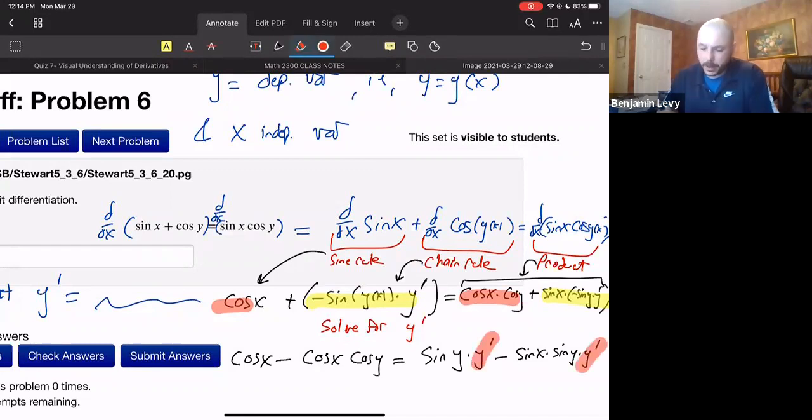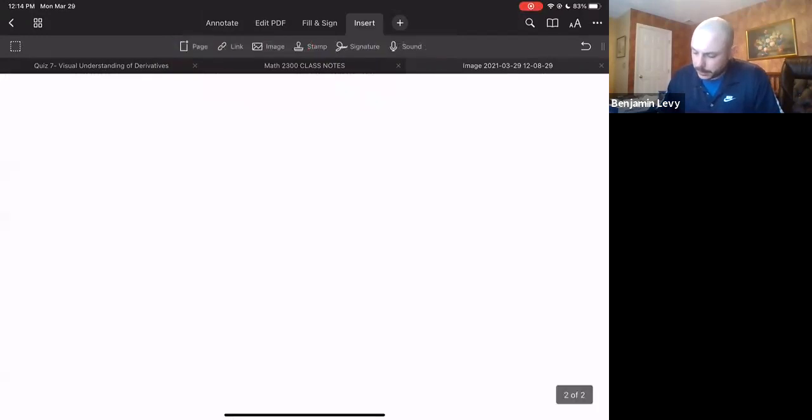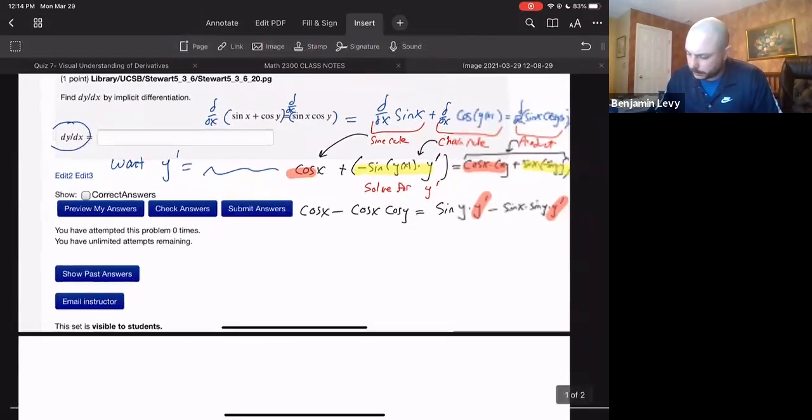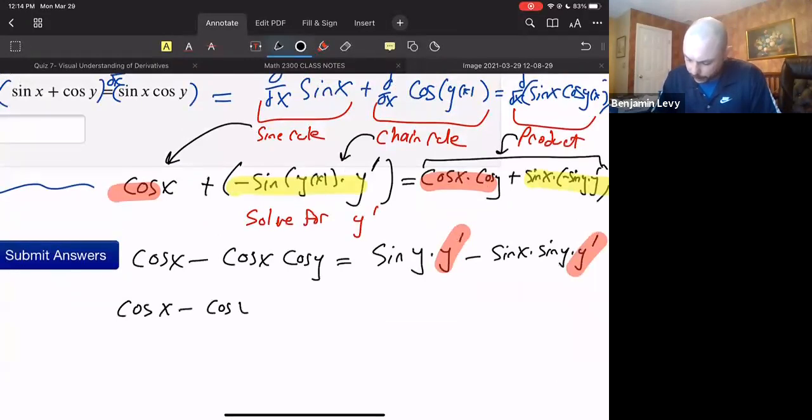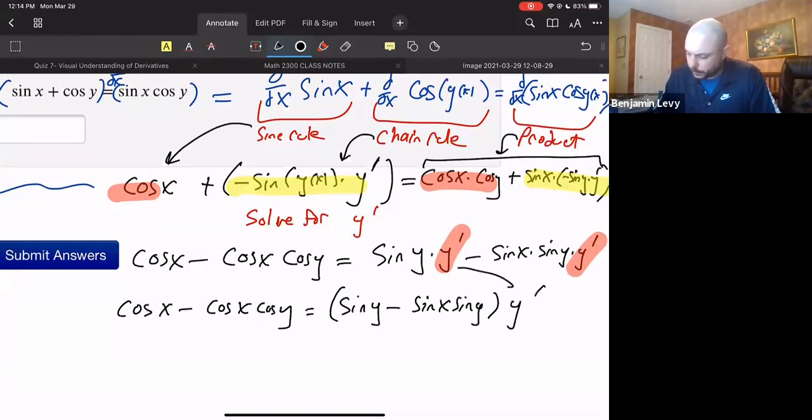So factor out the y prime, add it to the other side. Oh, I had more room than I thought. Okay, I don't need that other page. So this side stays the same. I'm going to factor out the y prime. And if we want an expression for y prime, we just divide that stuff to the other side.